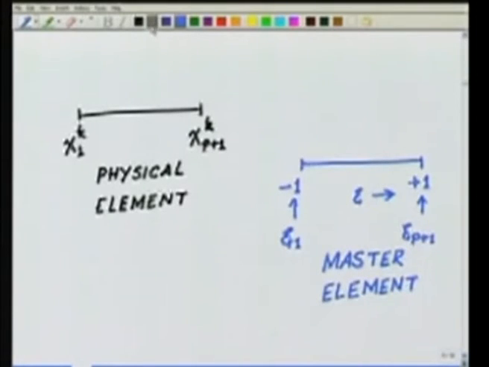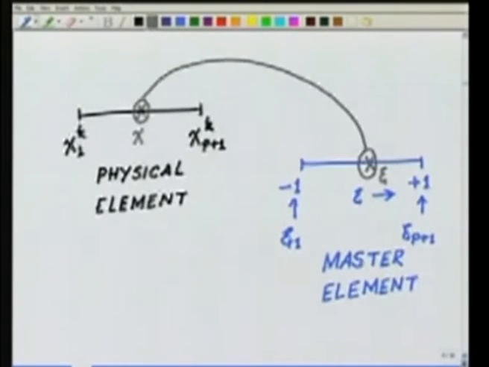And every point in the physical element, that is, you take any point x here, could be obtained from a corresponding point in the master element by a linear map.